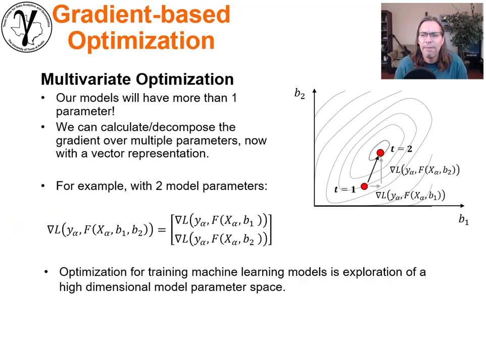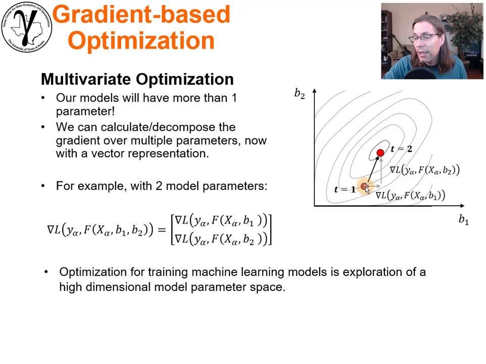Now, what about multivariate optimization? Because I know our machines don't have just one model parameter. We're just doing that for demonstration, and we're going to work with many parameters. So what we can do, in fact, it's not a big deal. We can calculate and decompose the gradient over multiple parameters. Now we have a vector representation. So not so bad. We're at this location right here, T1.